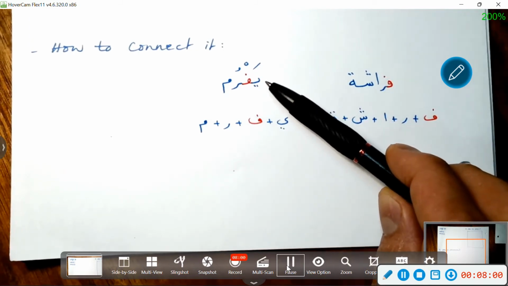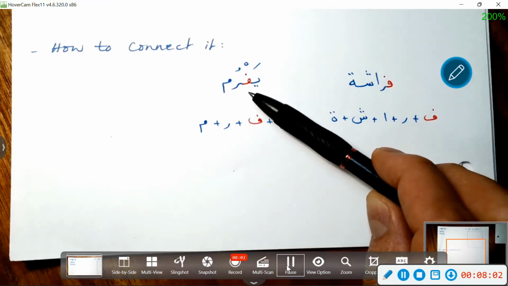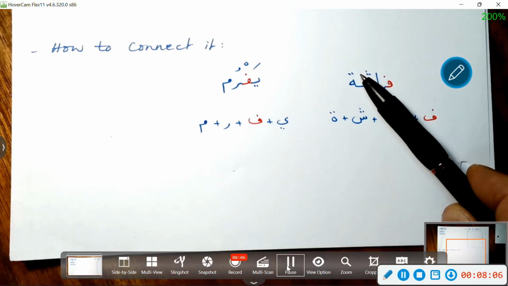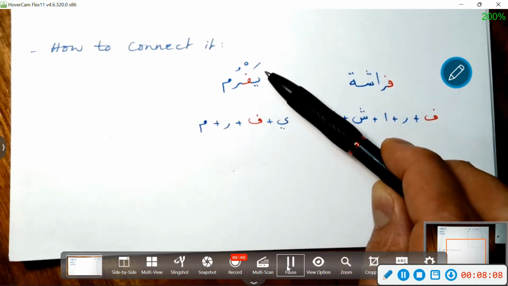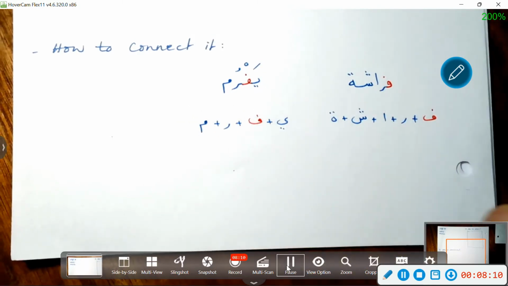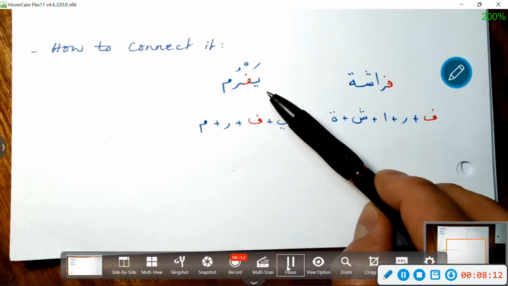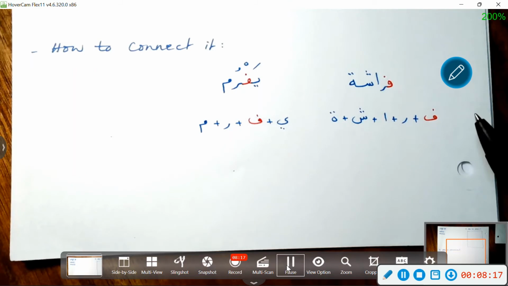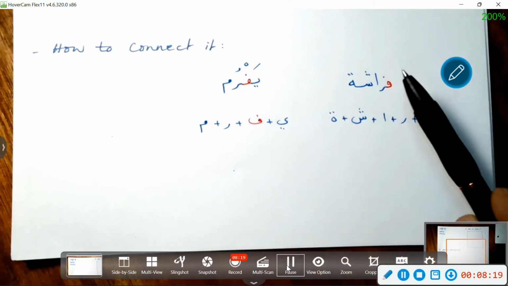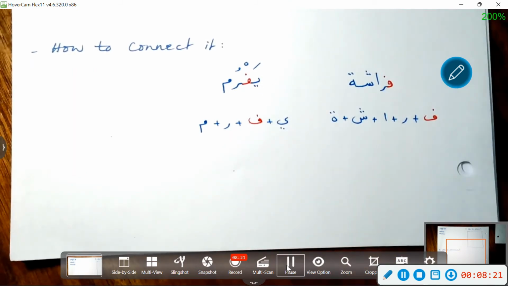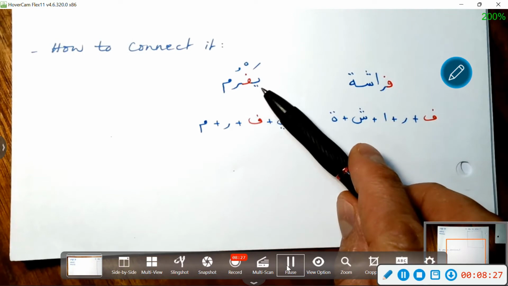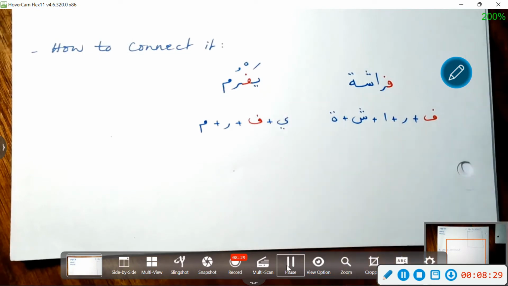The only difference is that it's spoken like that in spoken Arabic, but in formal Arabic it's fatha. This is also common when a word is used in spoken Arabic: some of the harakat change. The meaning doesn't change, just the harakat, so you pronounce it differently. Here, to chop, yafrum. In spoken Arabic we say yufrum.